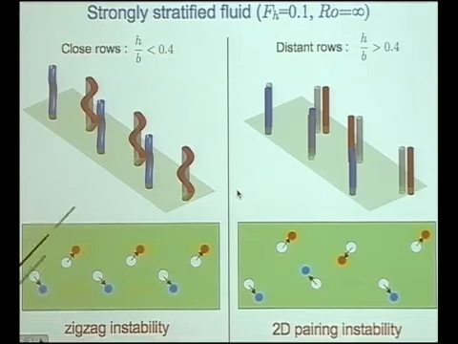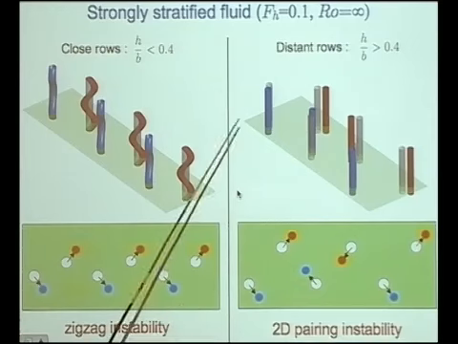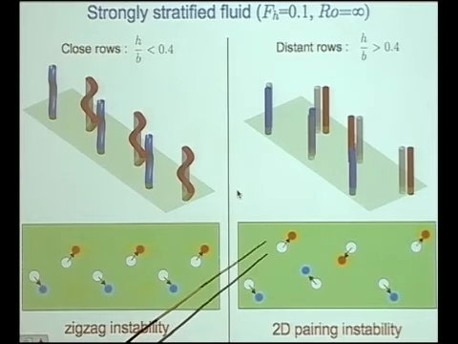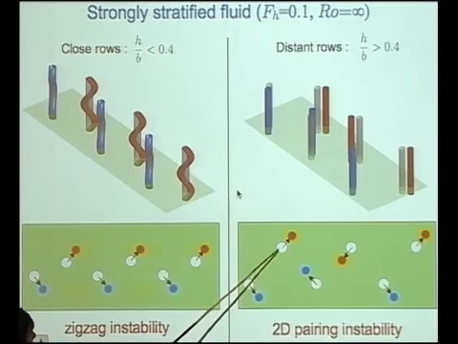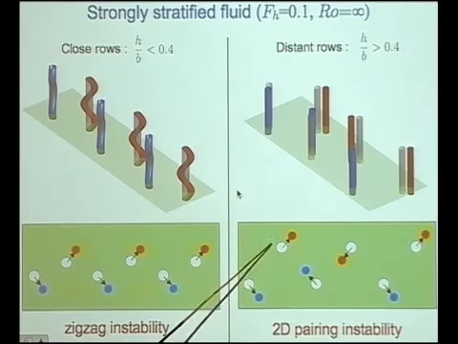If we were doing a cross-section just above, the motion would be reversed, and the two rows would come closer. This instability induces vertical modulation of the spacing between the two rows. It's a bending instability, so we call it zigzag instability.